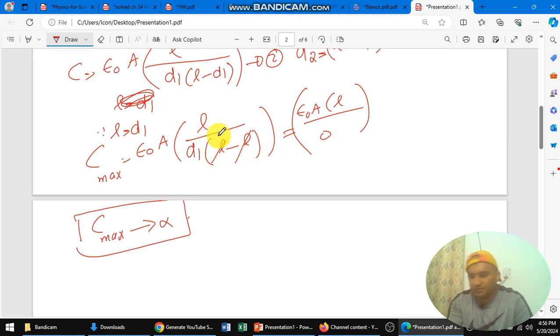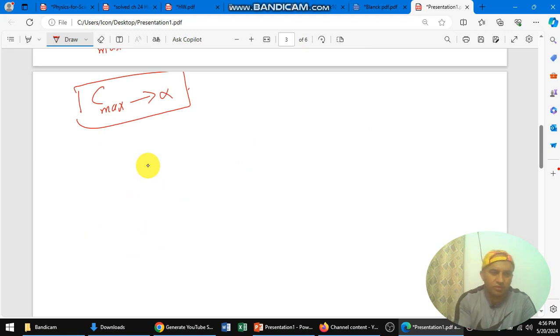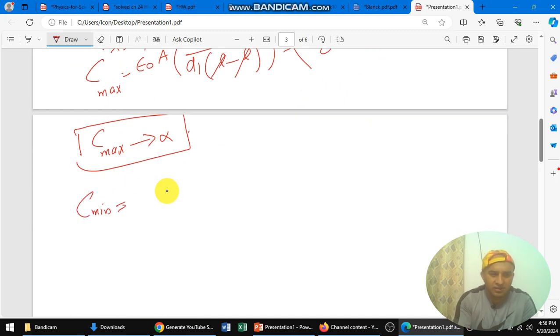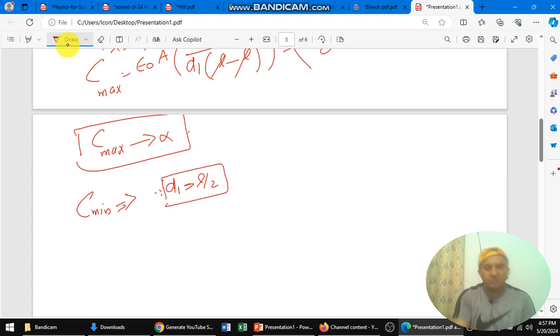Okay, now for the minimum capacitance. The requirement is that D1 becomes L by 2, just halfway between.